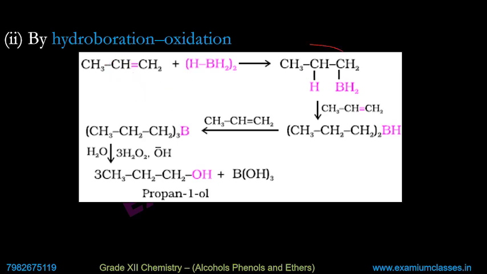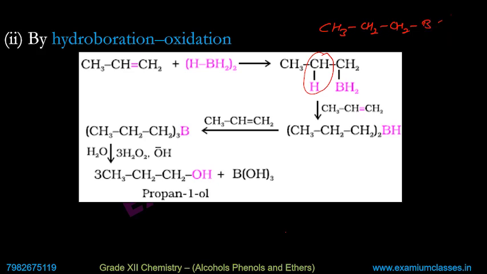After that, once this has been produced, it again reacts with alkene. Okay, it again reacts with the same alkene which is present. Now consider this one written as CH3, CH2, CH2, BH2.